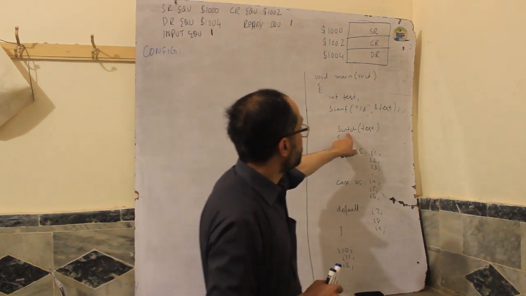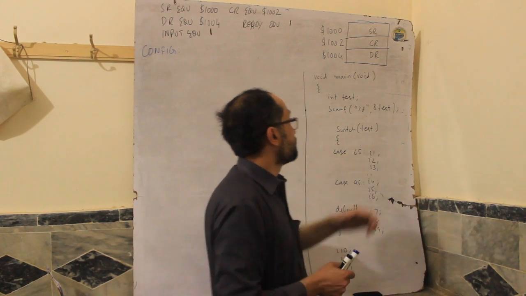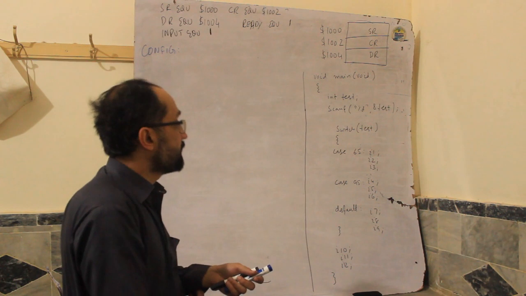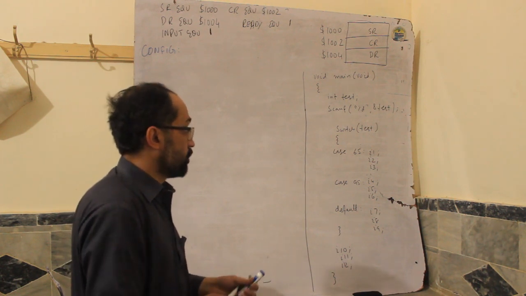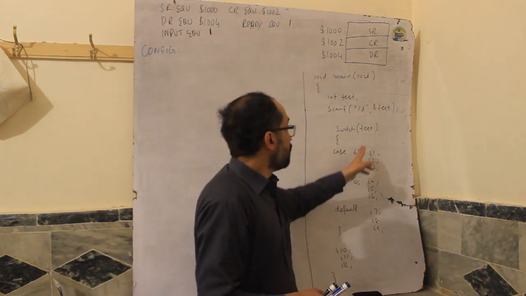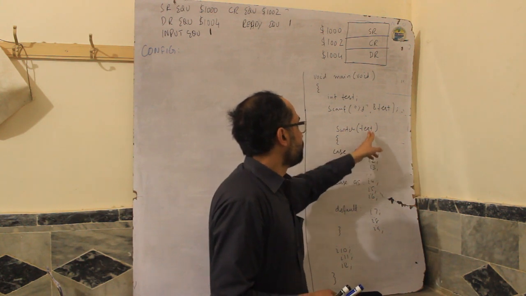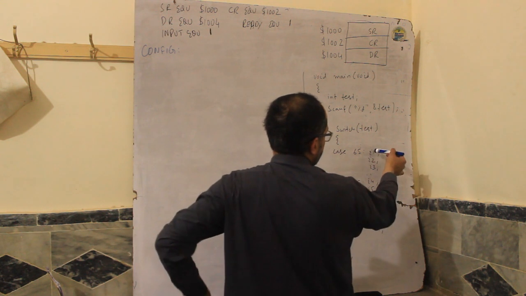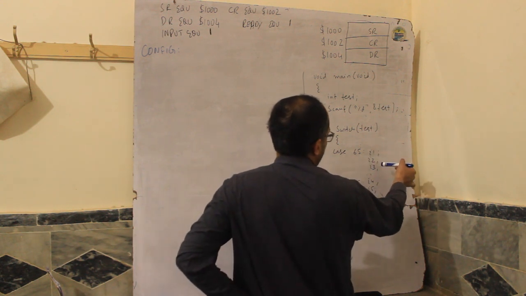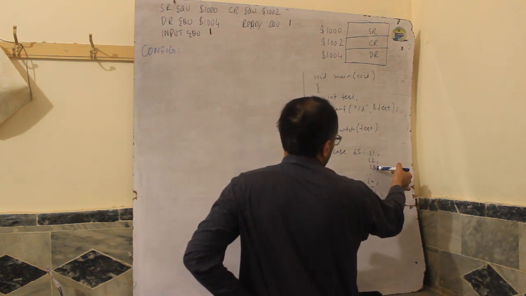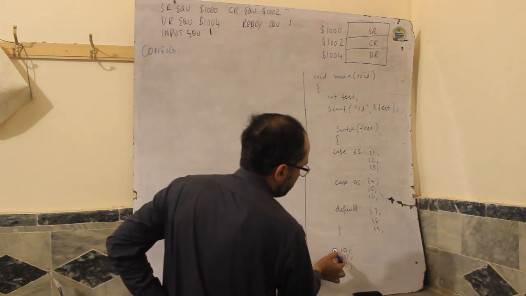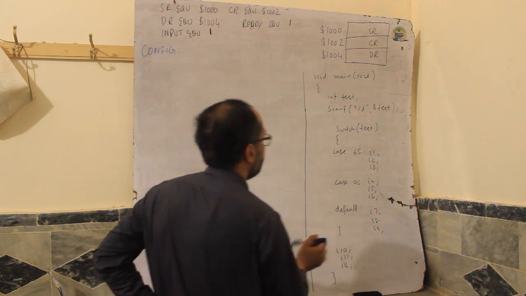Now we have a switch statement, which is checking the value of test, and based on the condition, if the value of test is equal to 65, the instructions that have to be executed are I1, I2, and I3, and then the control will be transferred to this statement, I10, I11, and I12.